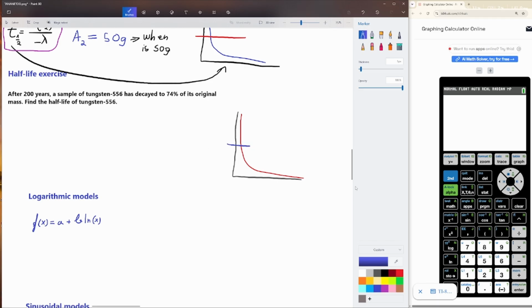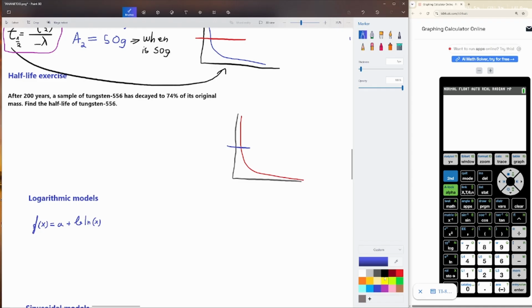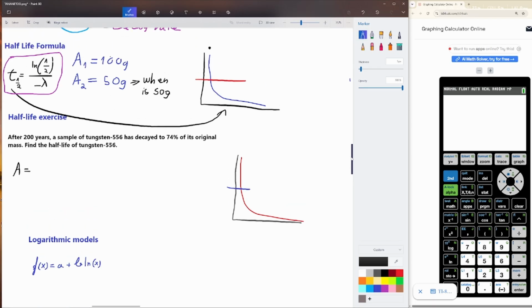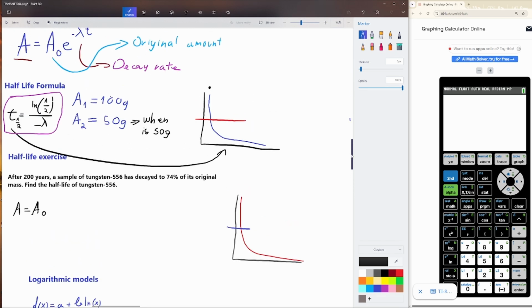So over here. You go back to your first formula, and your first formula was A is equal to, let's check it again, A0 times e to the power of negative lambda t.